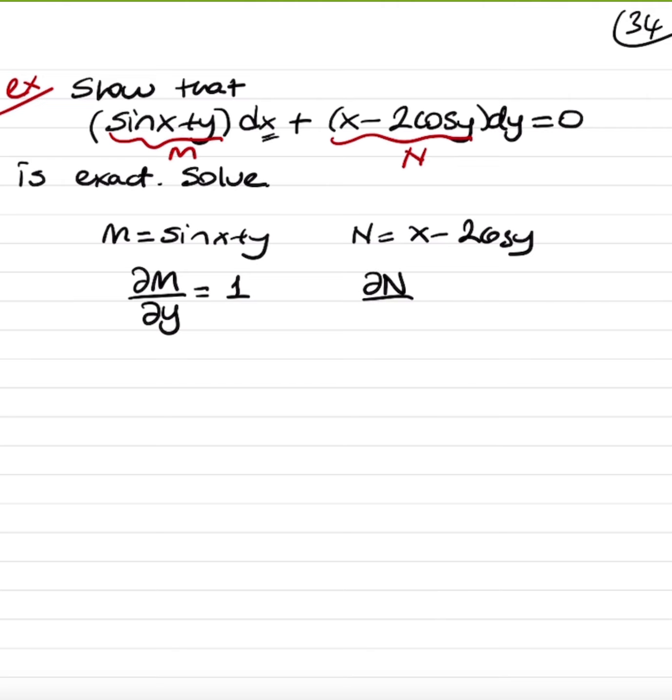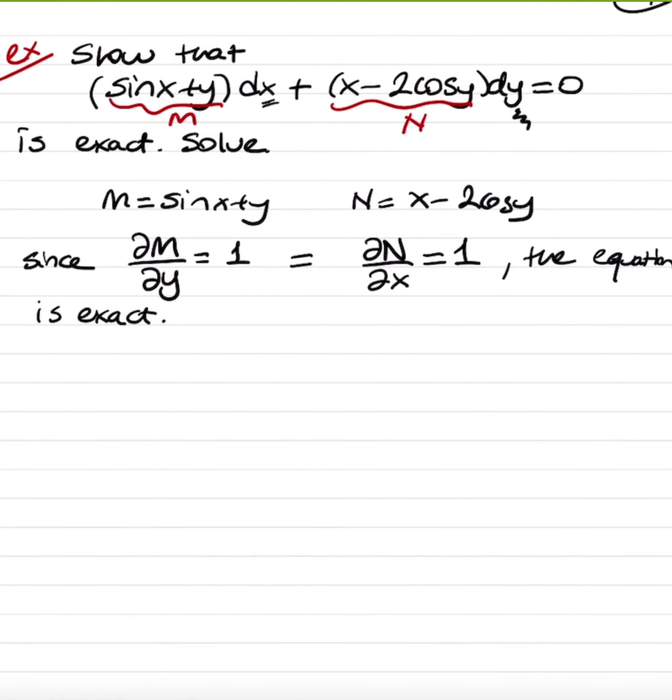And we take the derivative of N, the coefficient of dy, with respect to x. So here again it is 1. Since we have the equality, the equation is exact.